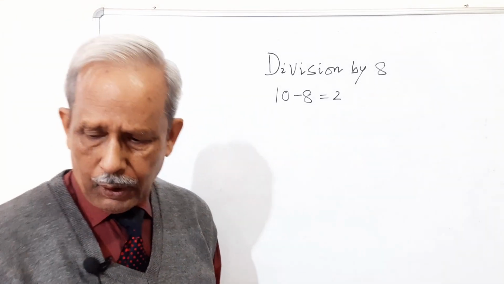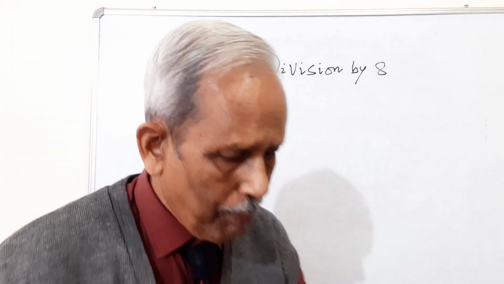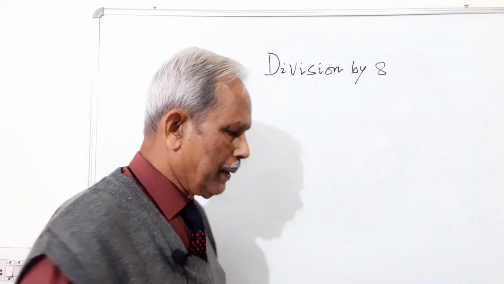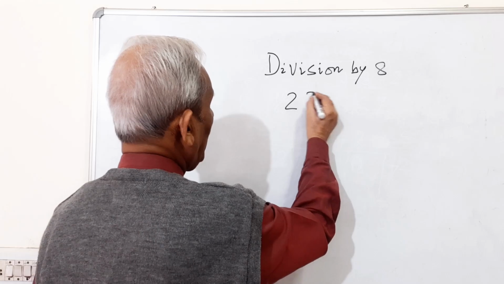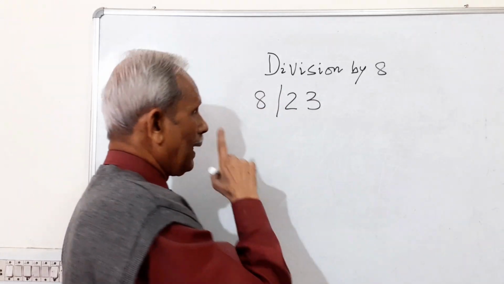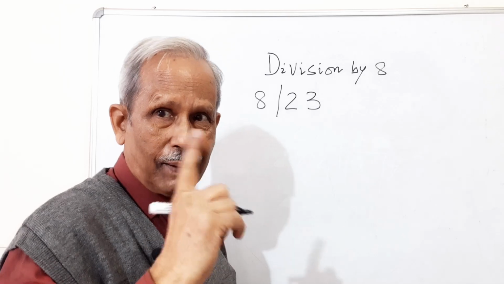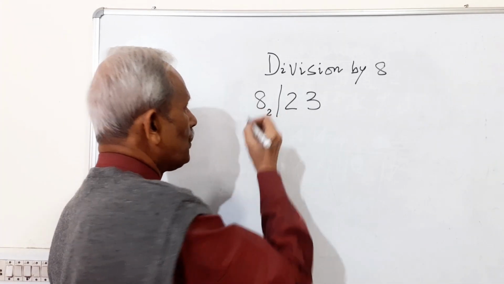Well, let us take an example through which you will understand. Say, for example, we want to divide 23 by 8. As I did when dividing by 9, write down the complement here as 2.